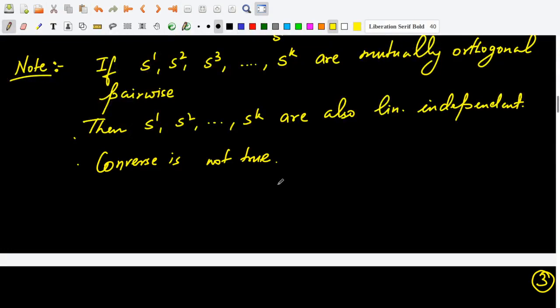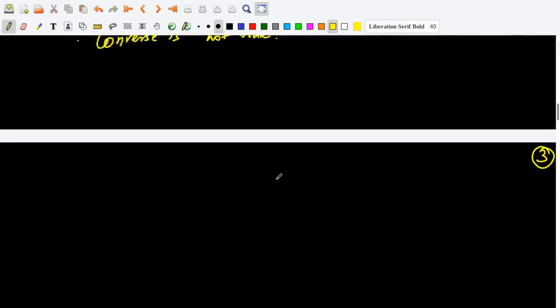Okay, so we will start applying this conjugate gradient method to quadratic functions.